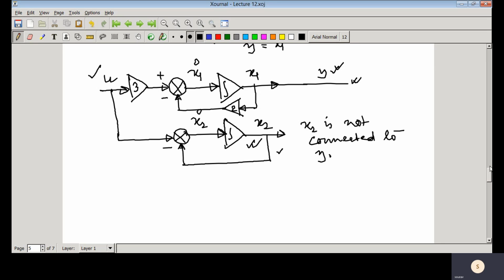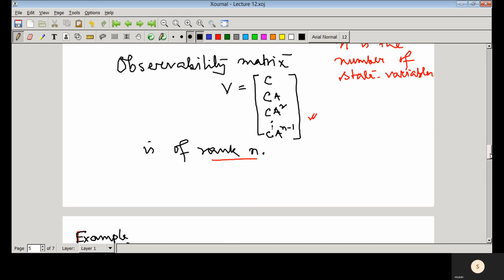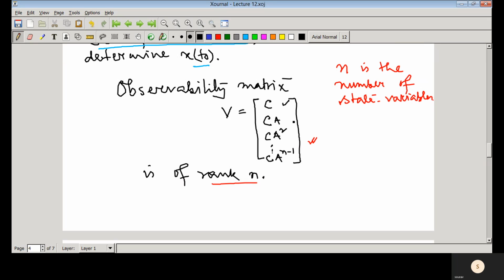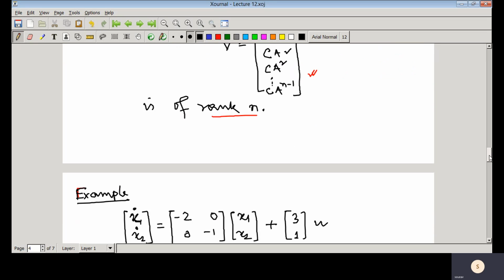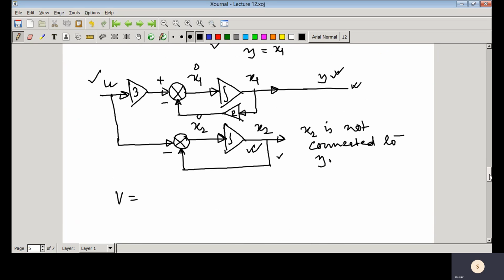So let us see, if you find the observability matrix here, what will you get? The observability matrix is C, CA, because here n equal to 2, so we will just go up to CA. So what is C?